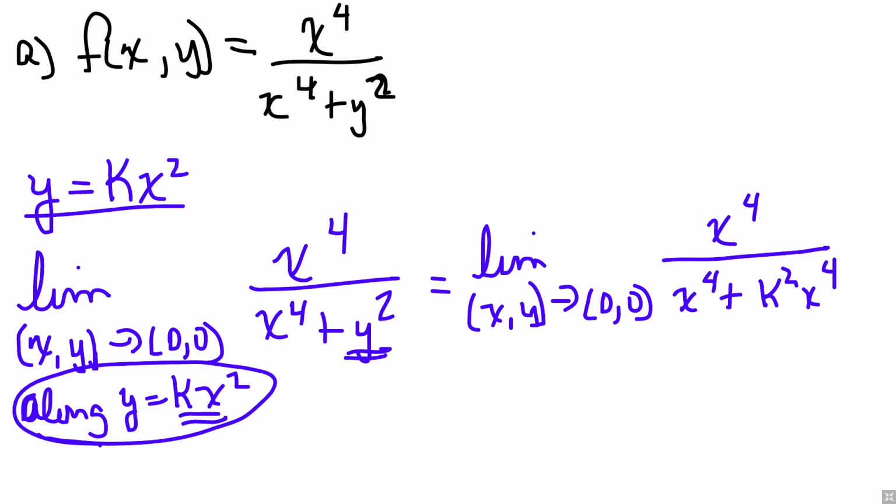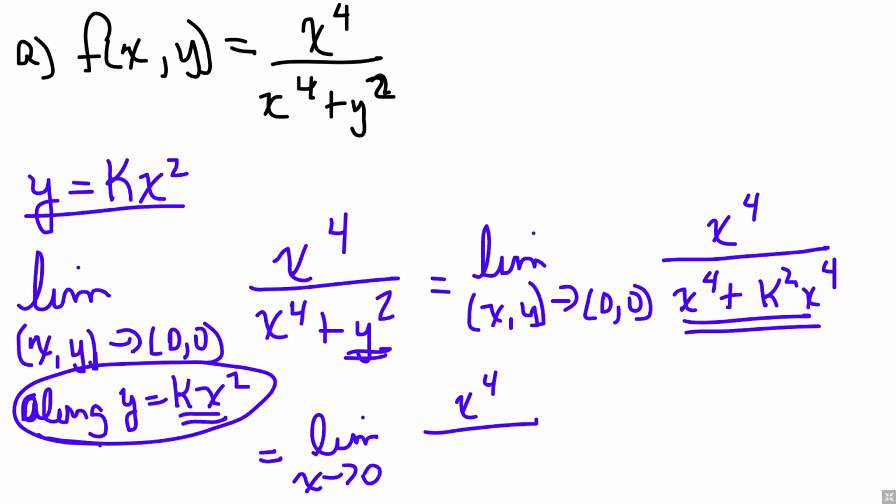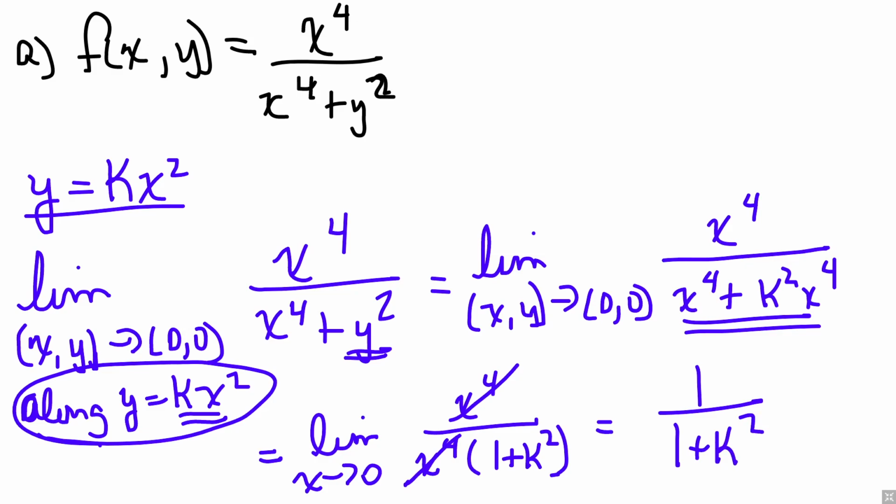So now, since I've got this down to one variable, I can look at this as the limit as x approaches 0 of x to the fourth over, in the denominator, I can factor out an x to the fourth, and I'm left with 1 plus k squared. And when I take the limit of this, these cancel. So I'm going to get 1 over 1 plus k squared.